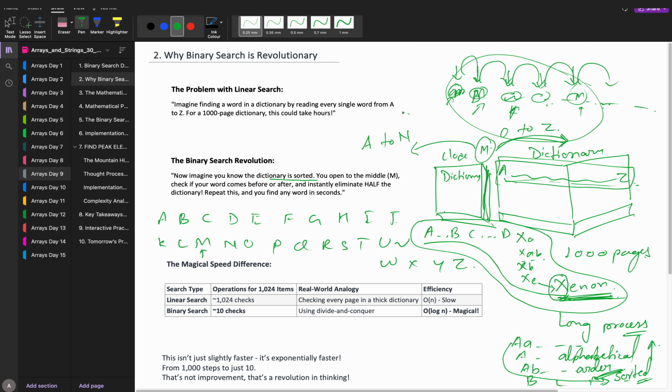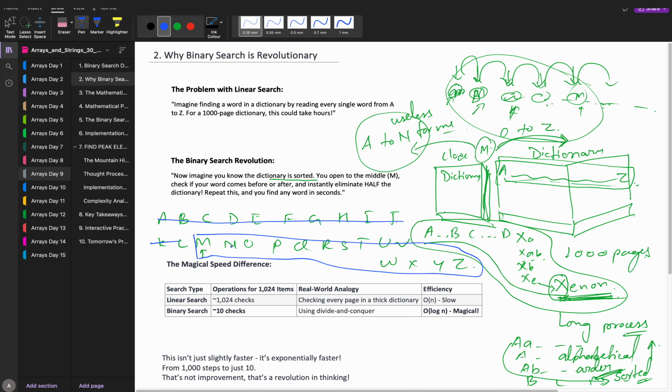I will say this first half of the dictionary is useless for me. Correct. So I can either tear it out or whatever, but anyhow, it is not going to be useful for me. Now once this part of the dictionary is discarded, my search window would be just half.